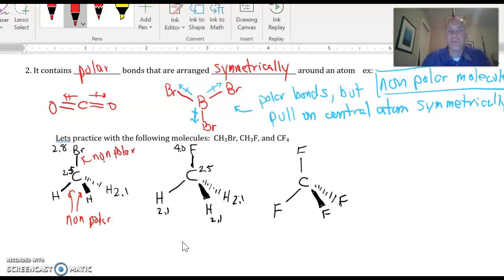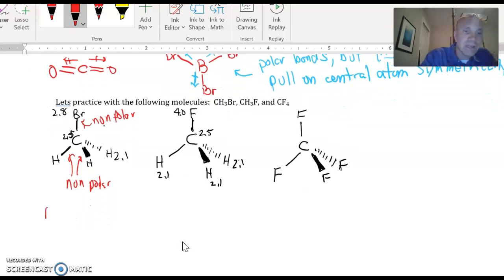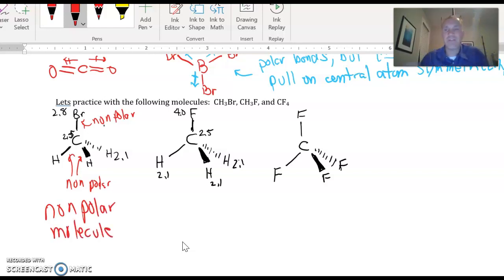So if there are no polar bonds anywhere in that molecule, it's impossible for the overall molecule to be polar. So this guy is nonpolar by virtue of the fact that it contains no polar bonds.